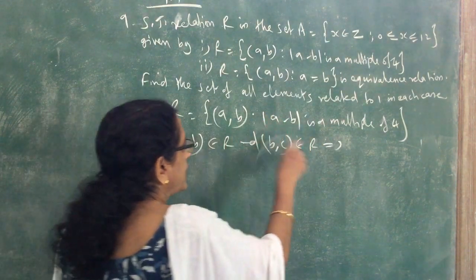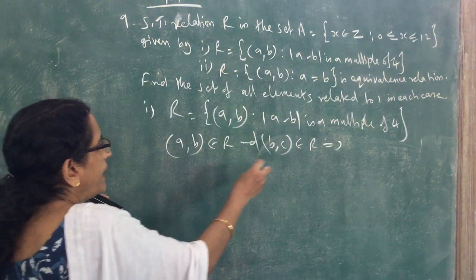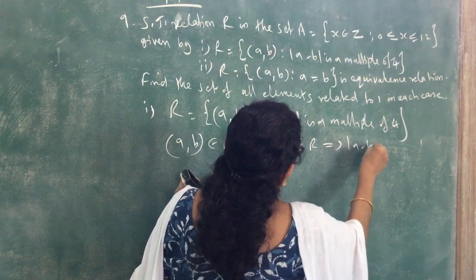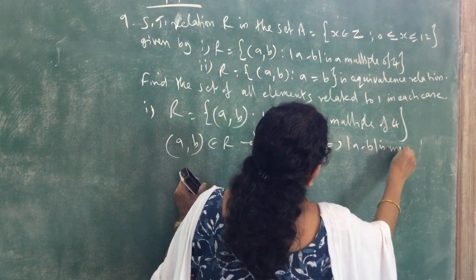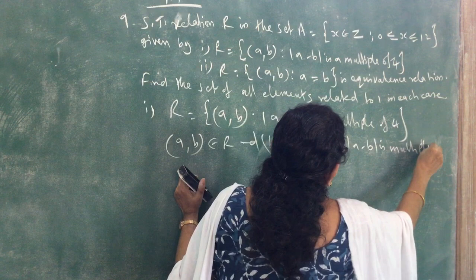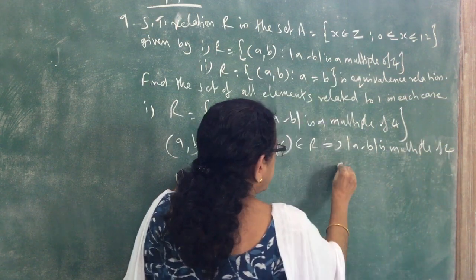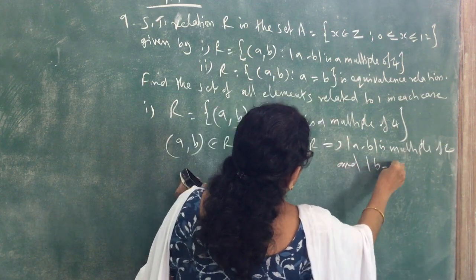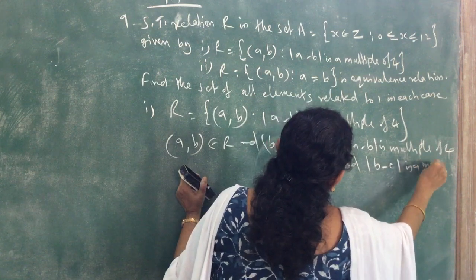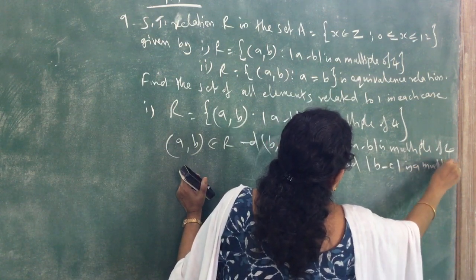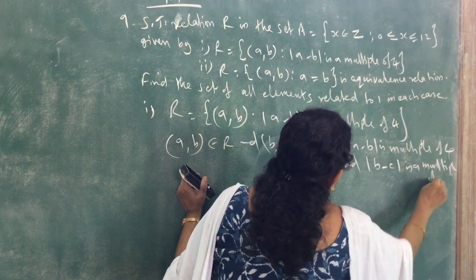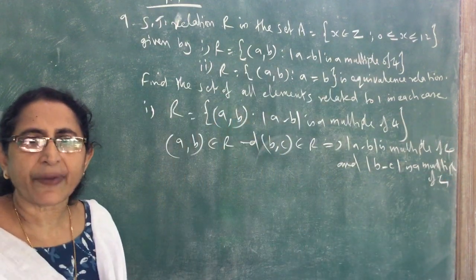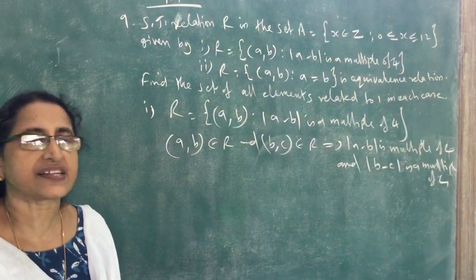So modulus a minus b is a multiple of 4 and modulus b minus c is a multiple of 4.